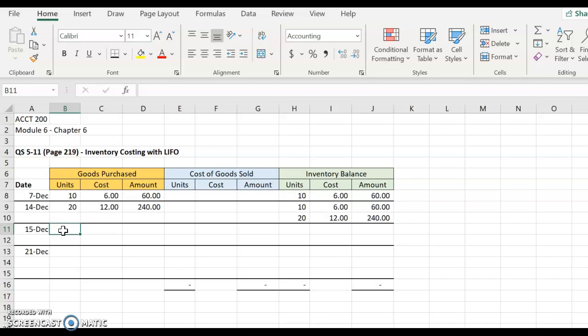On the 15th of December, we sold 15 units. Selling 15 units will result in all of those coming out of the $12 range because we have enough of those to cover that sale. So we're going to take 15 at 12, multiply that out.